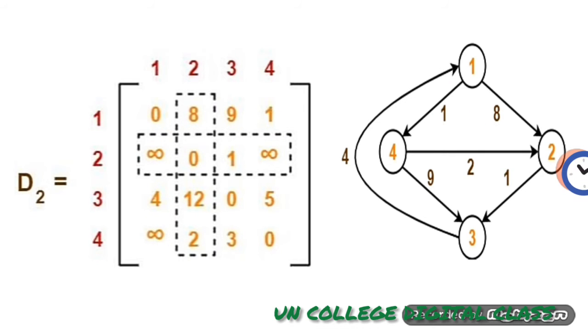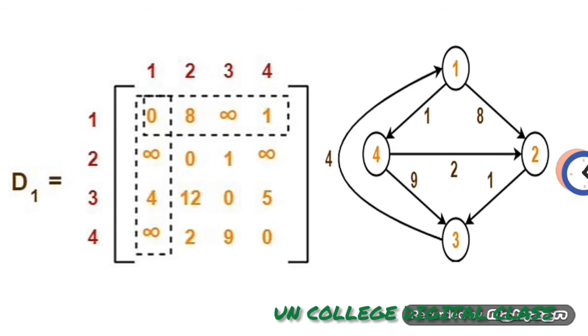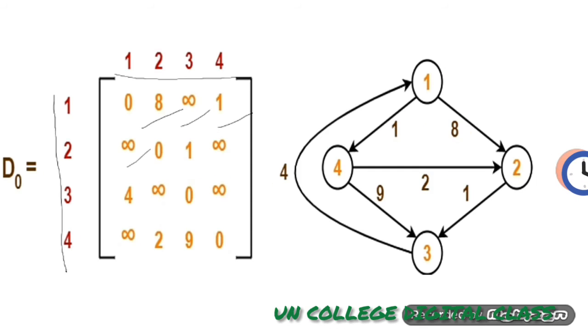Now in the next step, we have used 2 as the intermediate vertex to find the path. Here we can use both 1 and 2 to find out the intermediate path. So here the initial distance, let me show you the previous one. In the previous initial distance slide, for the first row the values are 0, 8, infinity and 1.